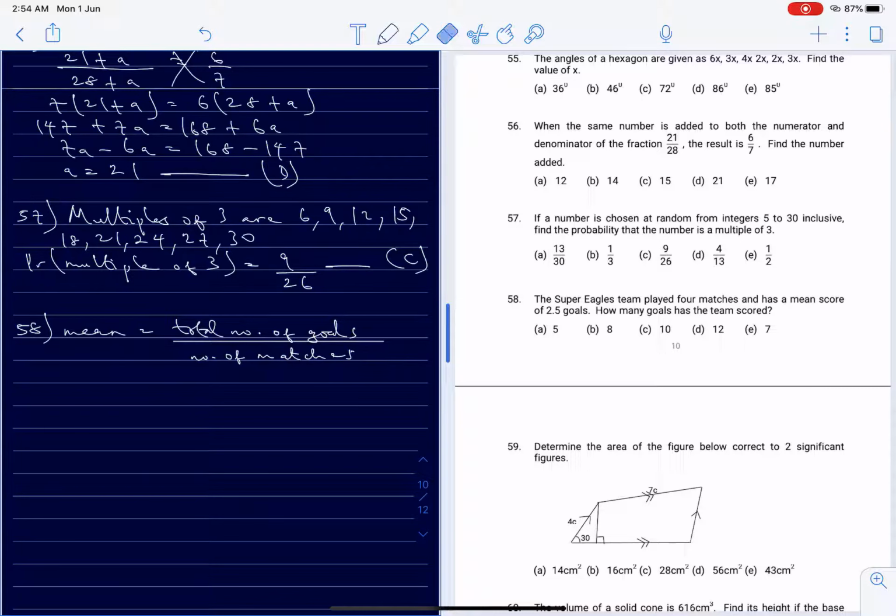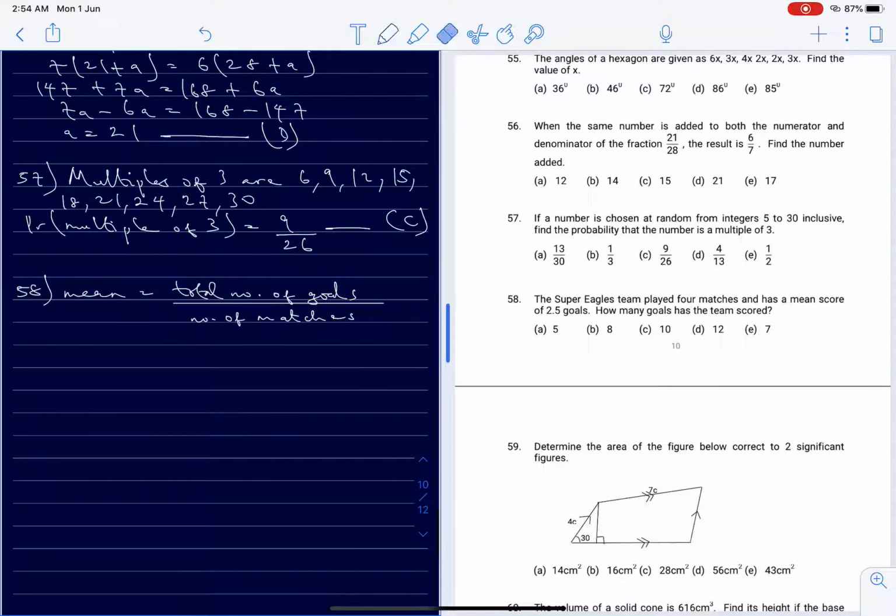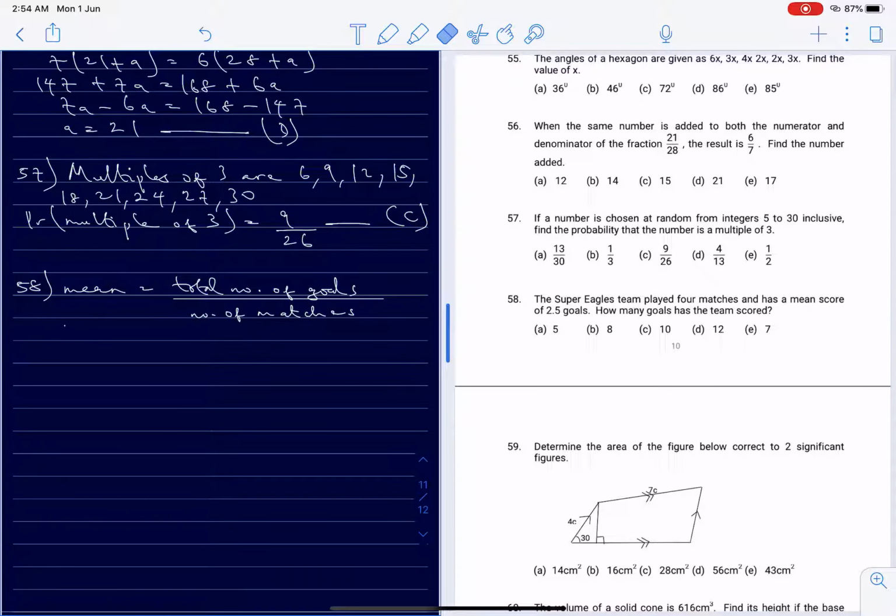We already know the mean. Mean is 2.5. That means 2.5 is equal to total number of goals, which is what we don't know.